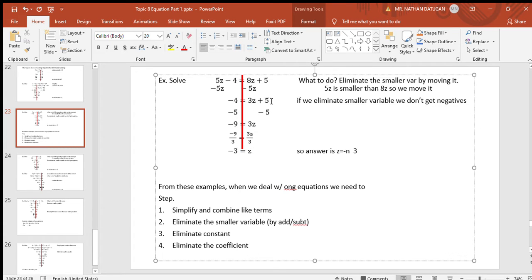Now we need to eliminate plus 5 by subtracting 5. So now you have negative 4 minus 5, which is negative 9, and 3z plus 5 minus 5 is 0, which leaves us 3z. So now we have negative 9 equals 3z, we want to get rid of that 3. How do we do so? We divide both sides by 3. Hence, you're going to get negative 3 is equal to z.